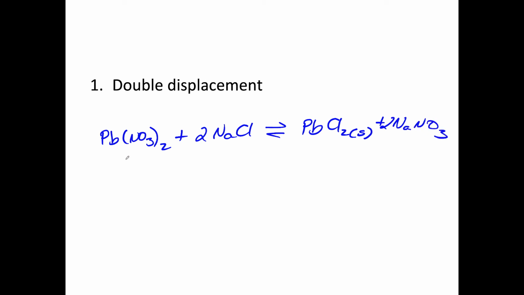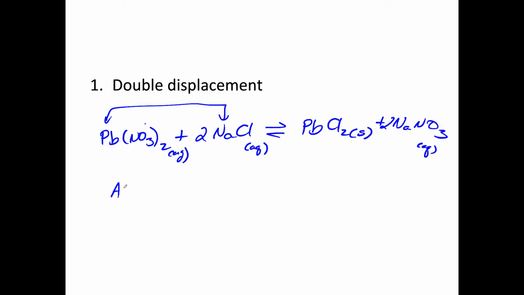What happens is these 2 are in solution, and you get a solid out, and this remains in solution. With double displacement, this and this switch, and these 2 stay, but this goes with the sodium, and this goes with the chlorine. Double displacement.